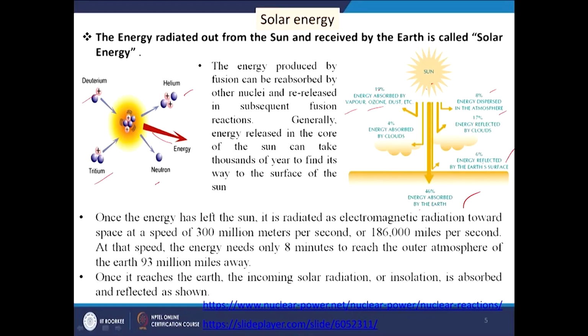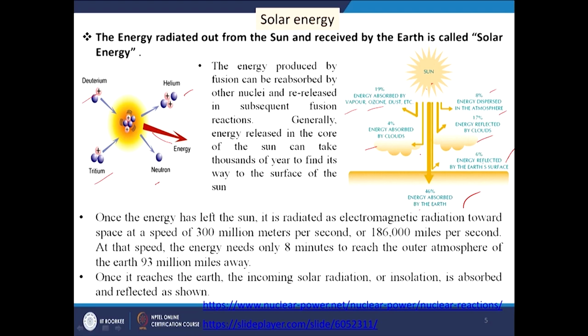For clouds, 4% of energy is absorbed and 17% is reflected. So, this is the total energy distribution from the sun, and ultimately we get 46% of energy absorbed by the earth.